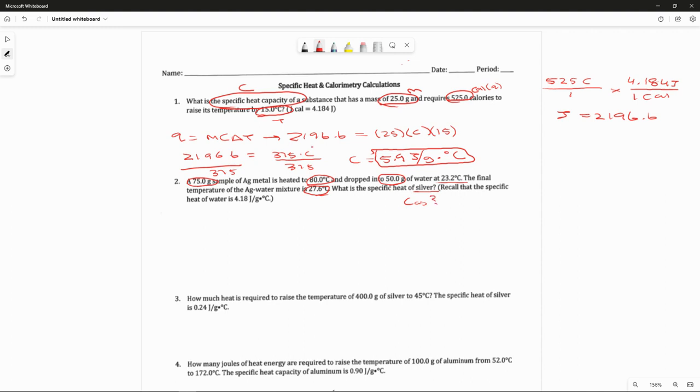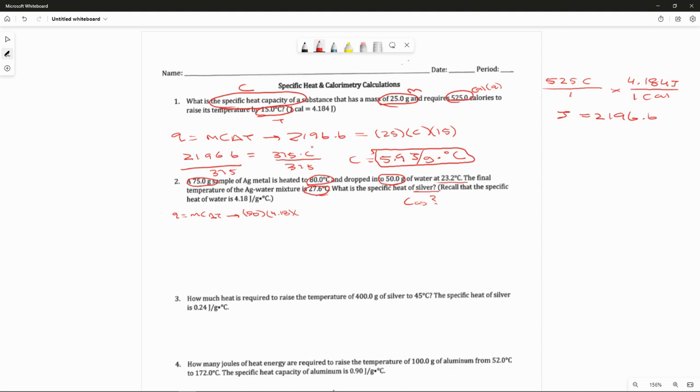And since we're given the specific heat capacity of water as 4.18 joules per gram times degrees Celsius, we can put our equation Q equals MC delta T into use. And since we know the mass of water, 50 grams, times C, which is 4.18, times delta T. So delta T you want to be real careful with.